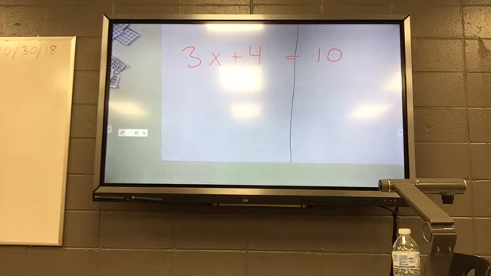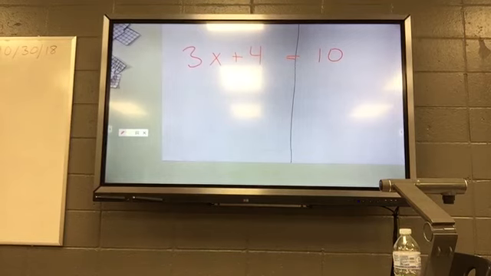You got it. Will, model it. You can use this if you want. Okay. So 2x plus negative 4 equals negative 6. Yeah, and then show me the problem. Work it out. What do you do?